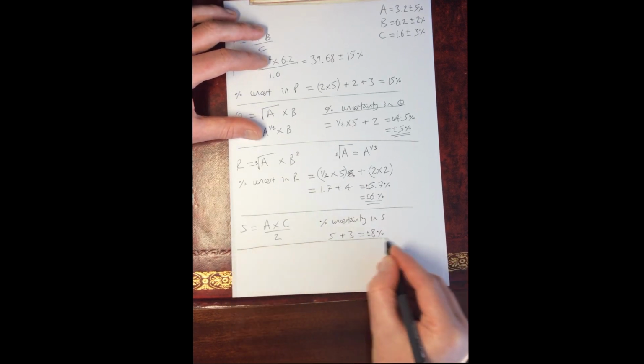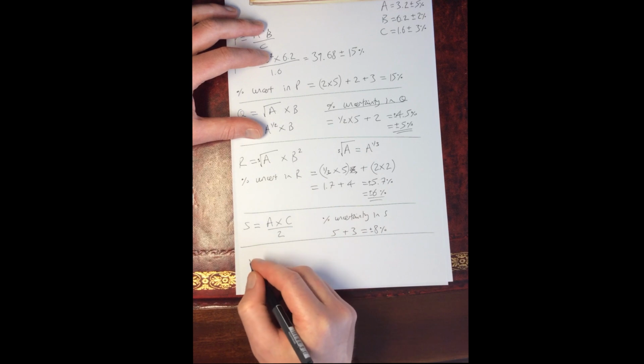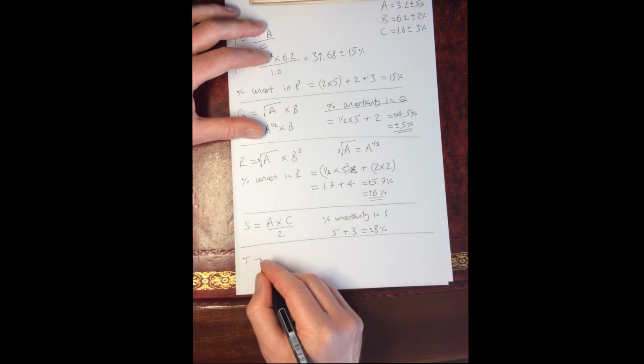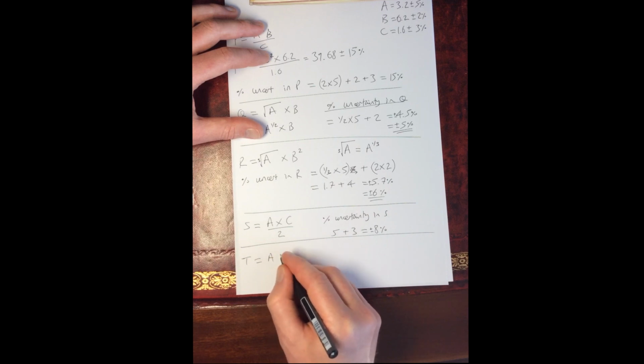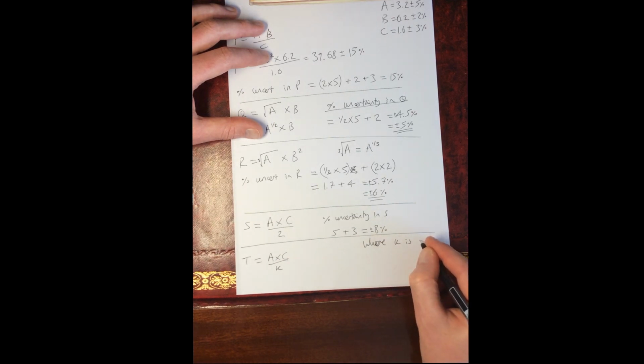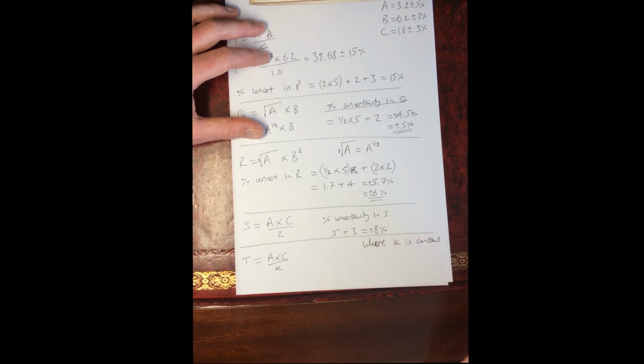Okay, one more thing then. What about this? Let's say that T is equal to A times C over K, where K is a constant. It's just some number. And let's say in this instance K equals 3.